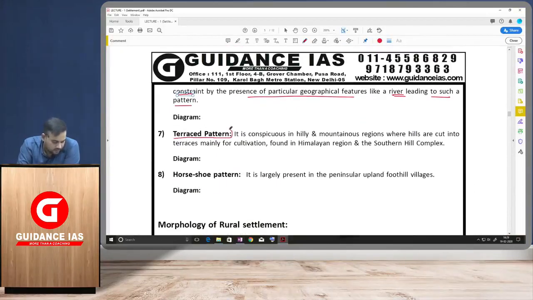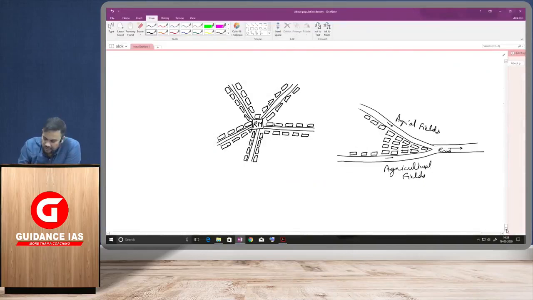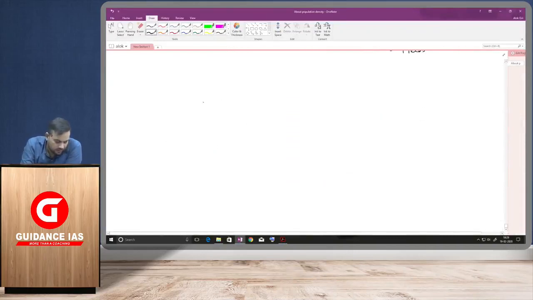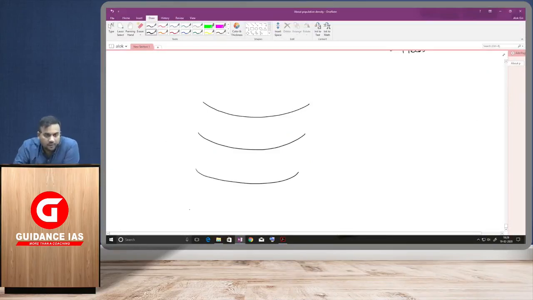Then terraced pattern, it is conspicuous in hilly and mountainous regions where hills are cut into terraces mainly for cultivation, found in Himalayan region and the southern hill complex. So if you talk about this kind of terraced pattern, very common type of pattern which would be formed where it would be formed in case of semi-compact settlements.